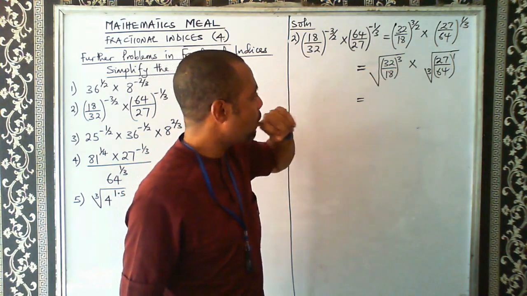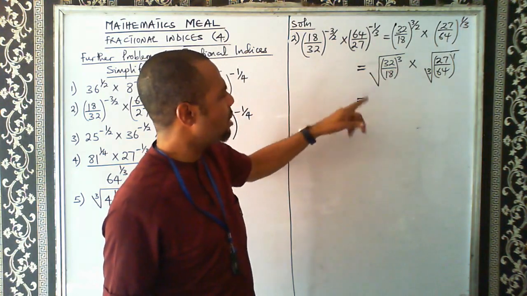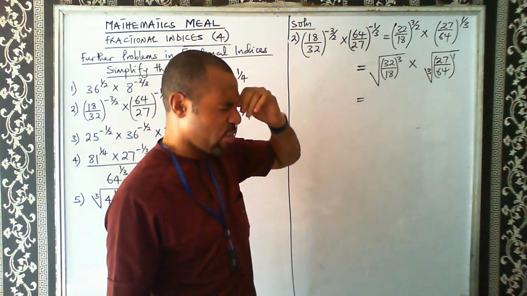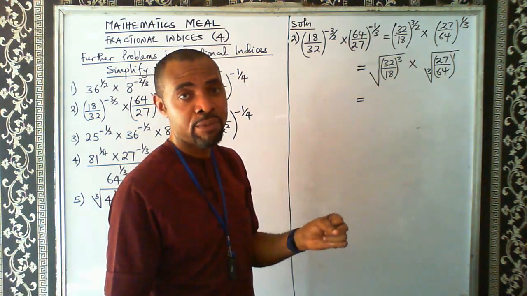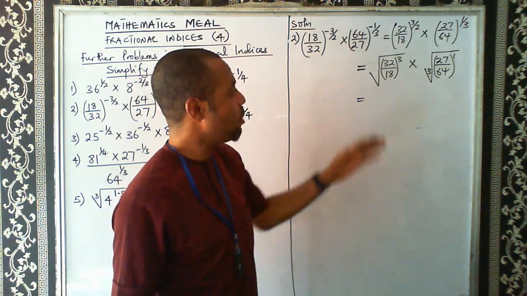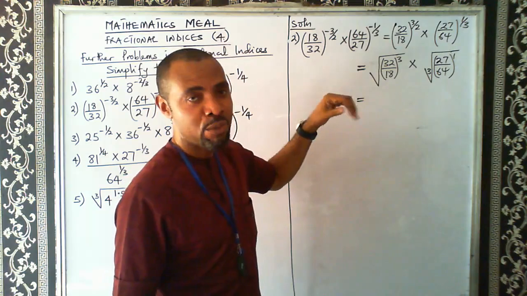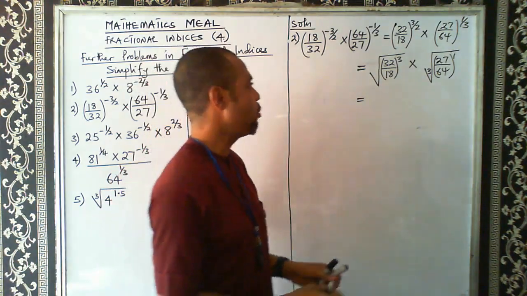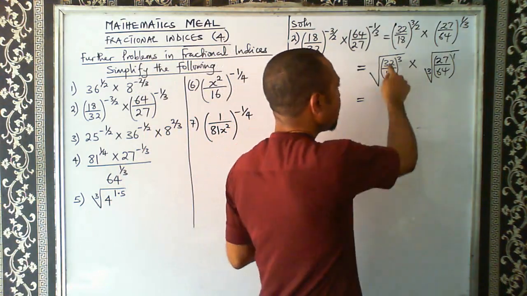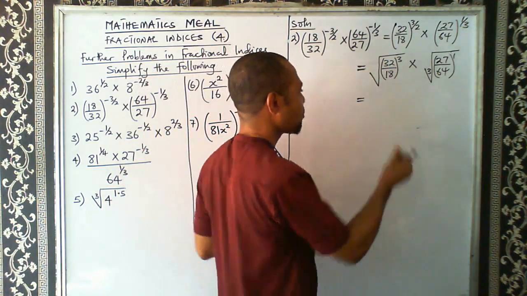If you get to this point, someone may look at this and say, what's the square root of 32? The square root of 32 will be a decimal. It's not a perfect square. So you may start forcing it to get a decimal, and that will mess up your solution. So the first thing is, let's reduce this to lowest terms.